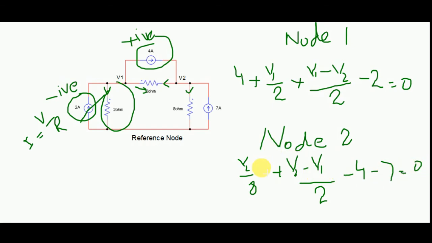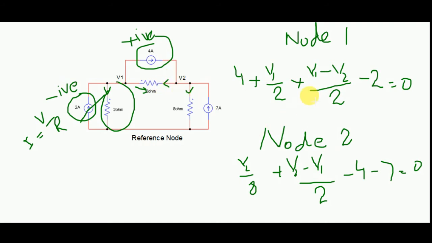Here I want to mention one thing. While taking node equations of node 1, we take the voltage V1 as higher than V2, so that the current leaves that node. And for node 2, we take V2 as higher than V1, so that the current leaves node 2.